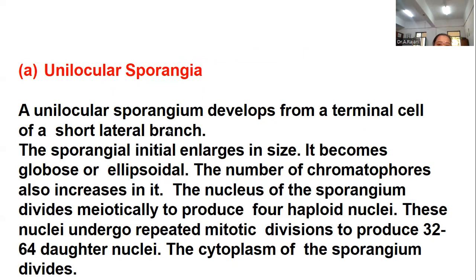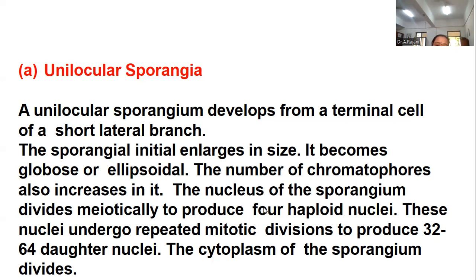And the next one, the sporangial initial is very enlarged in size; it becomes a globular or ellipsoidal shape. Many chromatophores are also present. The nucleus of the sporangium divides meiotically to produce 4 haploid nuclei. These nuclei again undergo repeated mitotic divisions to produce 32 to 64 daughter nuclei.